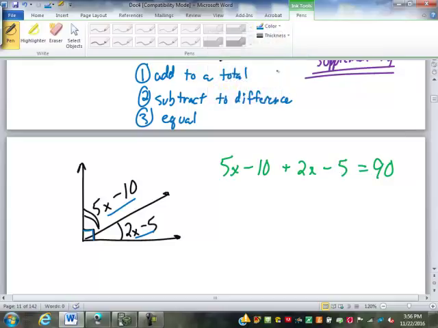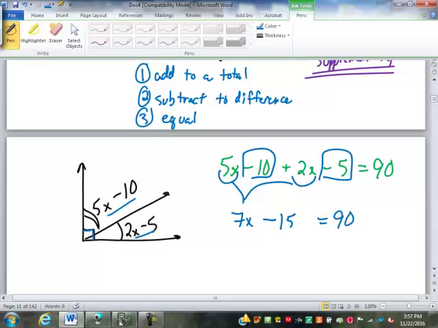So before we can solve this, what do we have to do first? Combine like terms. 5x and 2x make 7x. We also have to combine the negative 10 and the negative 5 to make negative 15. The 90 is still untouched.